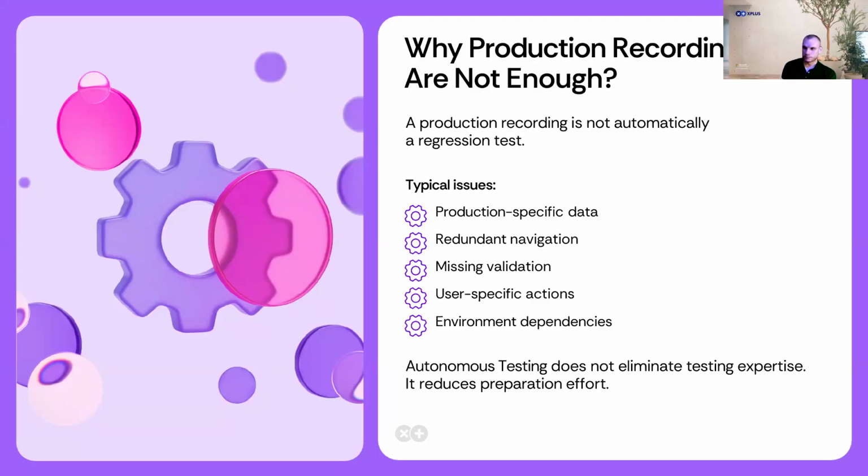But of course, still, discovery reduces by a lot the effort of knowing what should be tested, knowing how the process looks, getting the knowledge of the process, recording the steps of the process, and so on. We just need to tailor those recordings a bit.